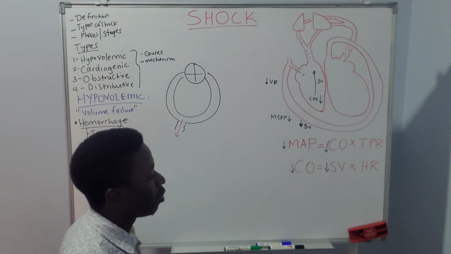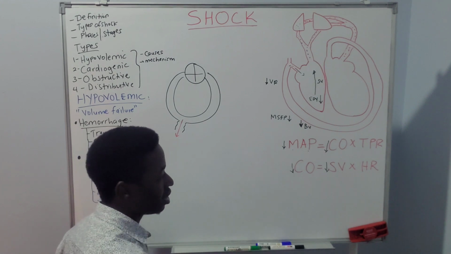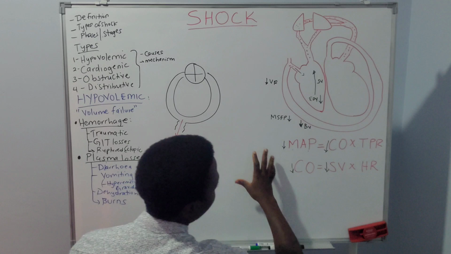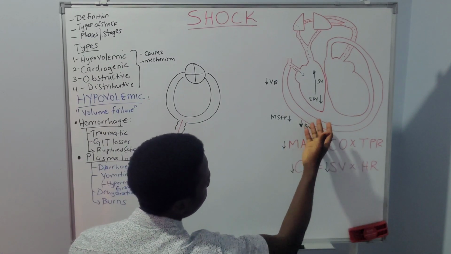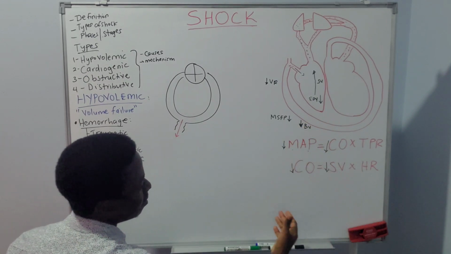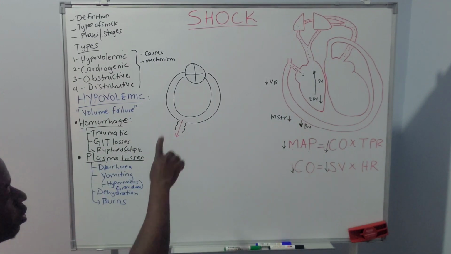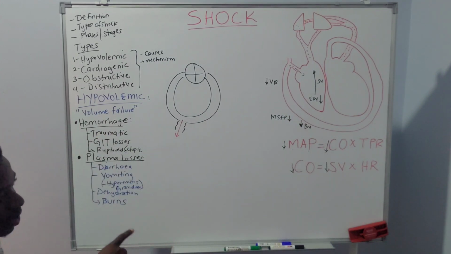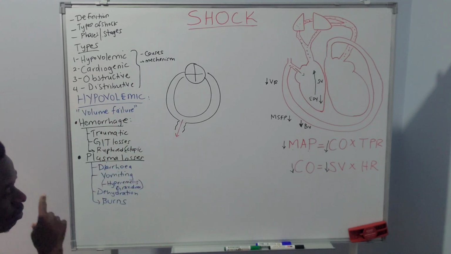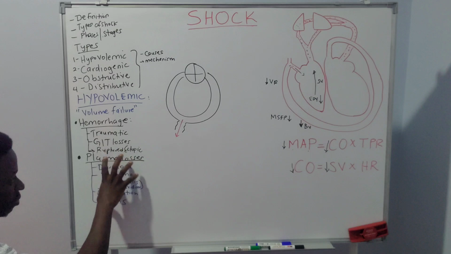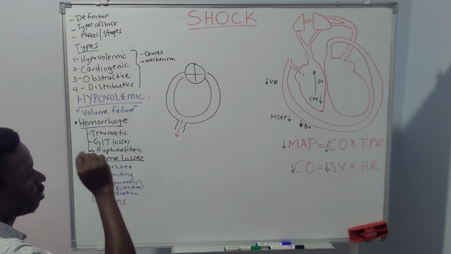And definitely you get into a state of shock and start presenting different symptoms of shock. So for example, someone starts having very cold extremities. This is how volume failure brings about hypovolemic shock.